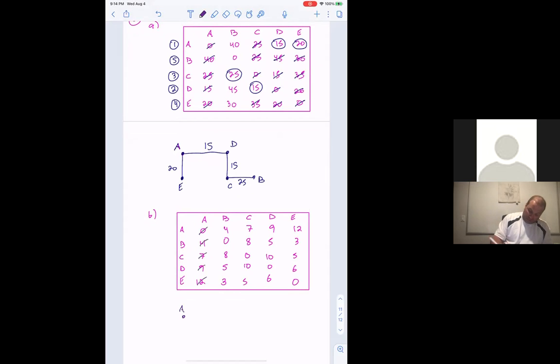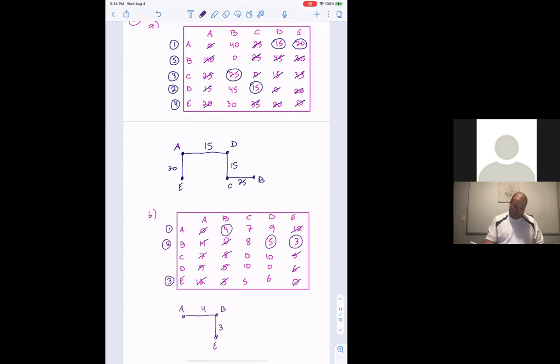Cross out everything in A, and A connects to B. So A is 1 and B is number 2. So A connects to B, which is 4. Cross out everything in B, and the smallest number is B connects to E with 3. Cross out everything in E, and the smallest number left in those 3 rows, I got a couple of 5s.